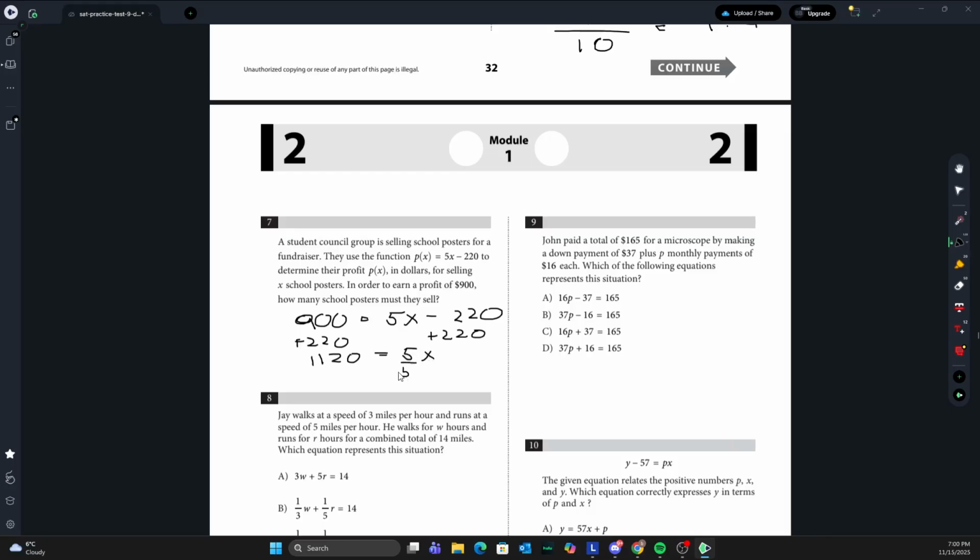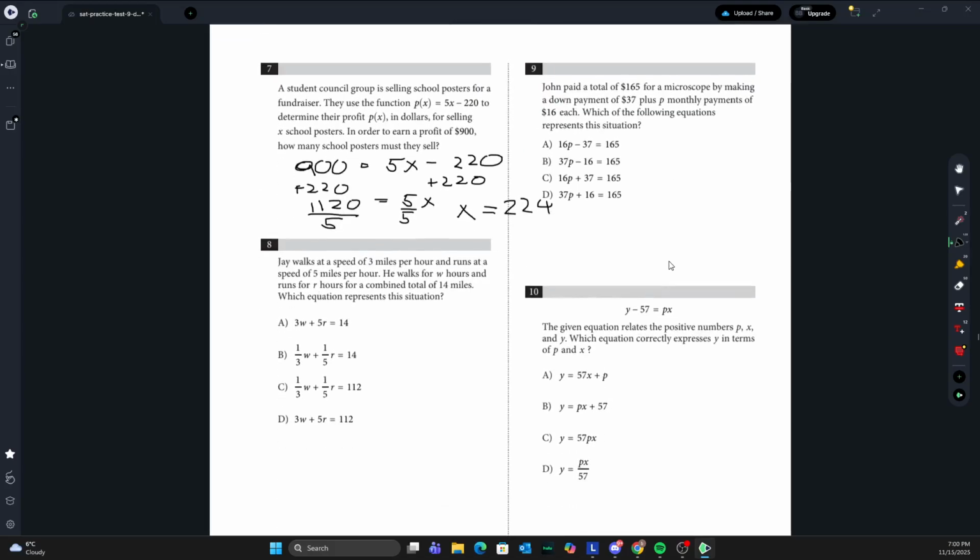Now we divide by 5 to get x by itself. And here we get x is equal to 1120 divided by 5, which is equal to 224. So that is our answer.